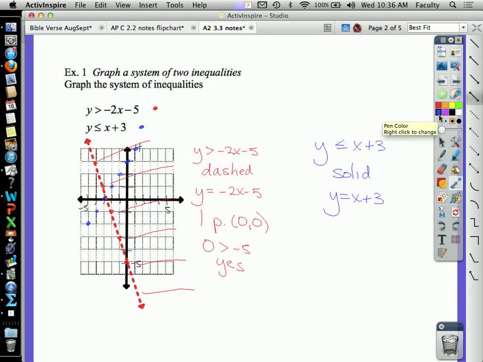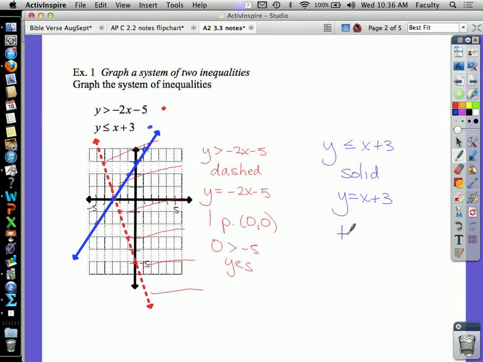Solid. Test point it. Is 0 less than or equal to 3? Yes.